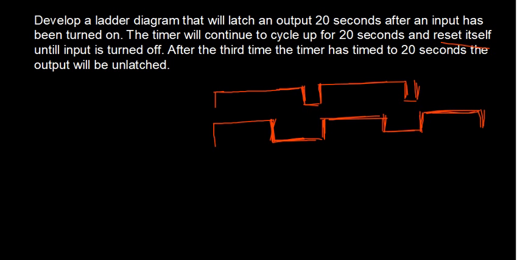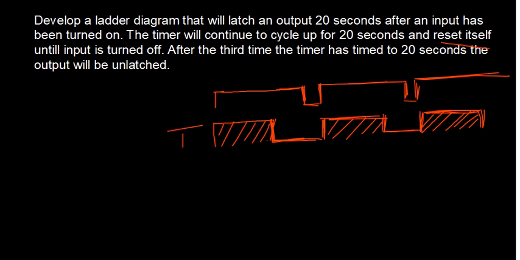So this is the input. Now after the third 20-second period, after the third time the timer has timed up to 20 seconds, the output will be unlatched. So in the beginning, the moment you have the timer on, the output is latched here. So let us say that this is the output.